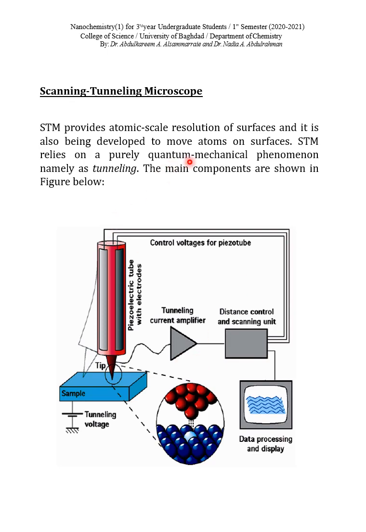Once again, we said the STM is also being developed to move atoms on the surface, relying on this phenomenon. So it is not only for high resolution imaging but also for moving atoms on the surface of the sample.